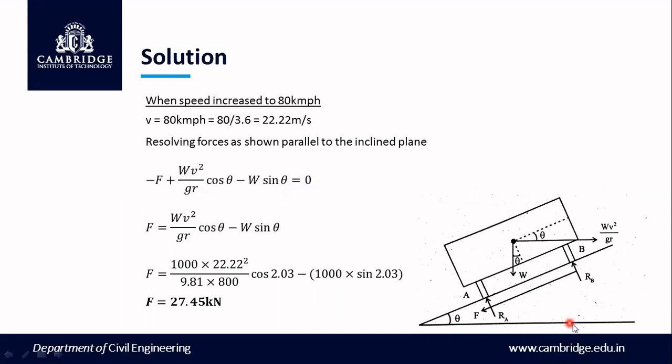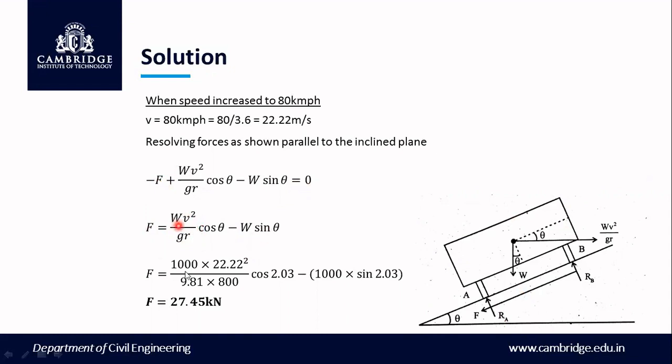Writing all these things, there are no other forces in the horizontal direction, that is the lateral direction, so I write equal to 0. So from here I can find F is equal to WV square by GR cos theta minus W sine theta.